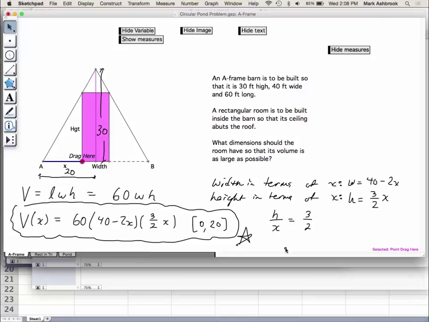Questions on this one? Domain, all possible values of x. What's the smallest x could be? What's the biggest x could be? Right there. Can't be any bigger than 20. Okay, questions on this one?